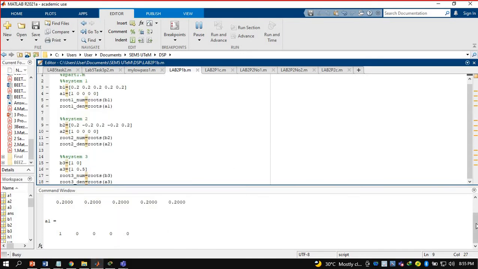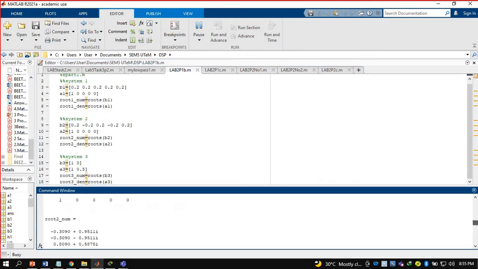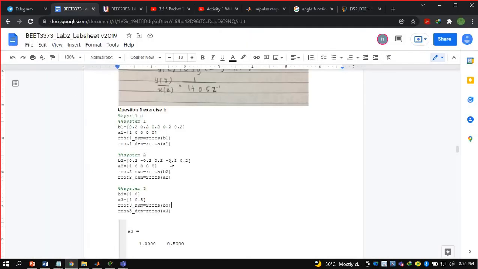Okay, as you can see here, this is the value shown in the command window for root number 0, root 3, denominator negative 0.5. Okay, next.